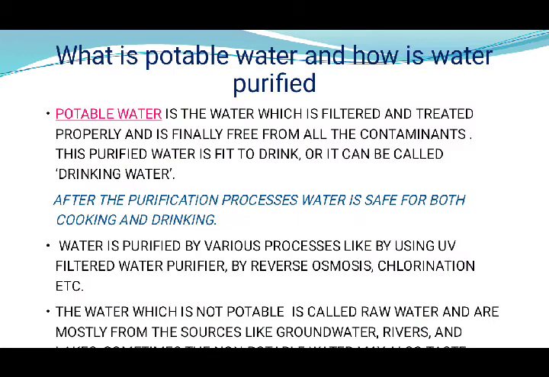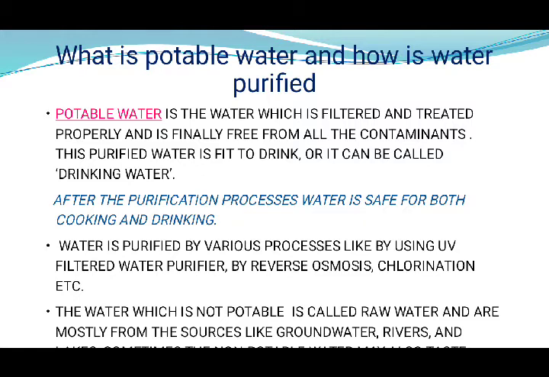So, let's see what potable water is and how water gets purified. Potable water is the water which is filtered and treated properly and is finally free from all the contaminants. This purified water is fit to drink, so it can be called drinking water.